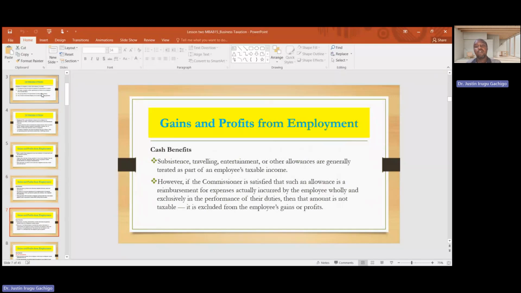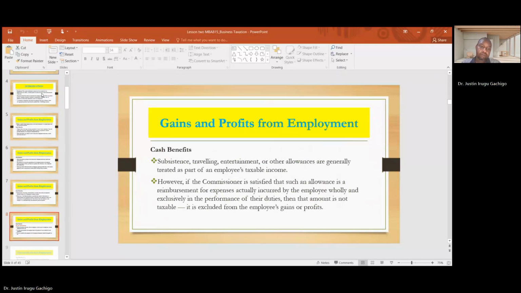You have been given some money to go and do client entertainment. And the whole amount that you have been given, you have been able to account for that amount in total or in full. Again, that amount is not going to be added back to your employment income.